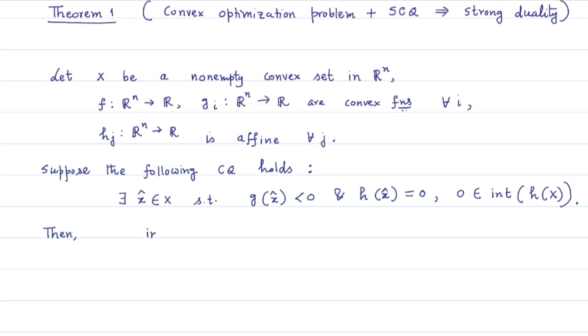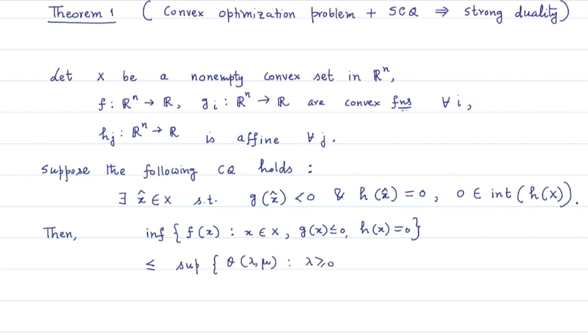That is, simply the minimum value, or in terms of mathematical correctness, the infimum value of f(x) with x belonging to capital X, g(x) less than equal to 0, h(x) equal to 0, is less than equal to the supremum value of the dual objective function for lambda greater than equal to 0.